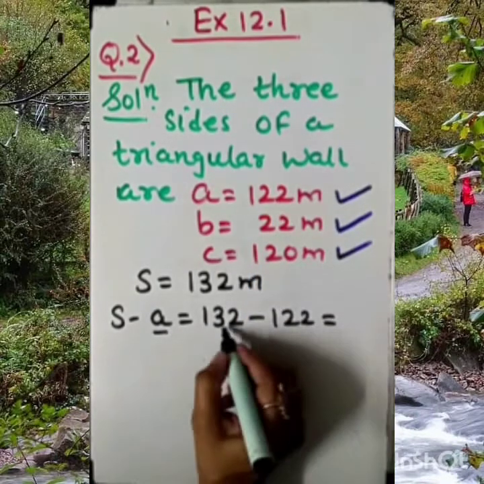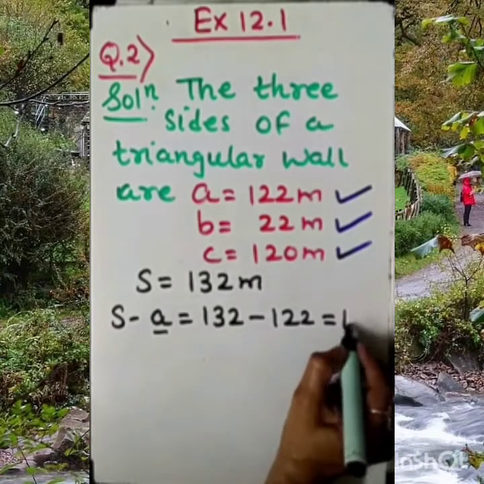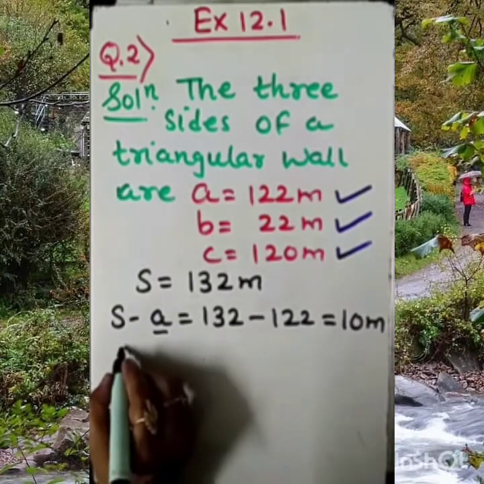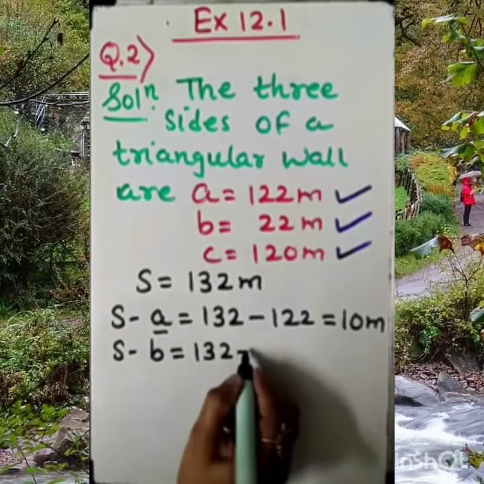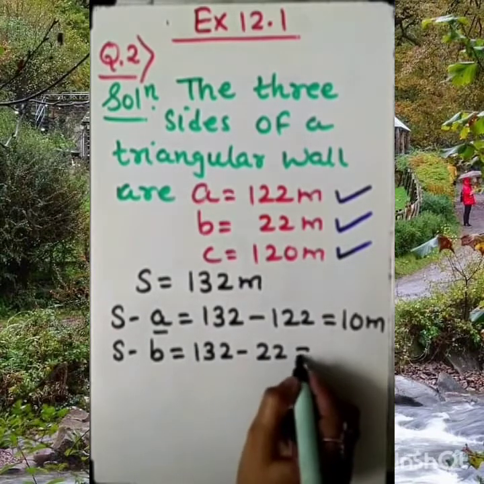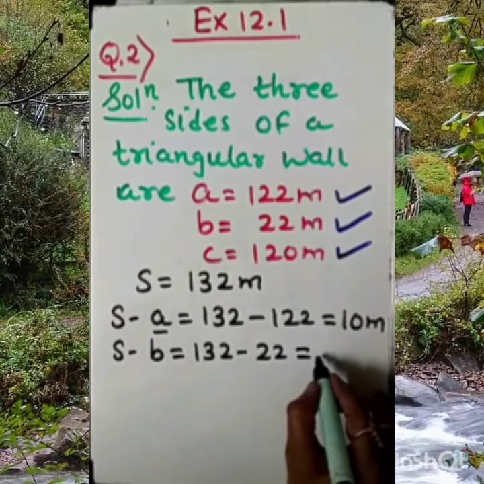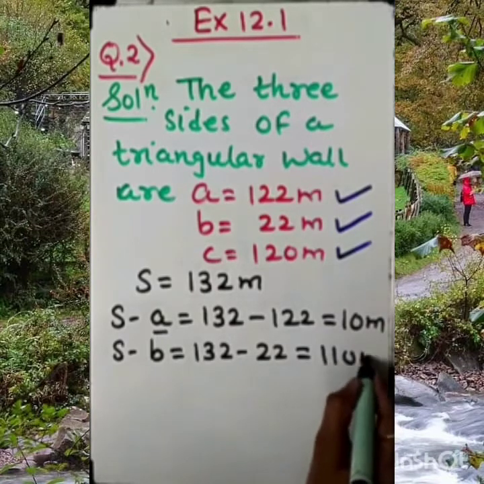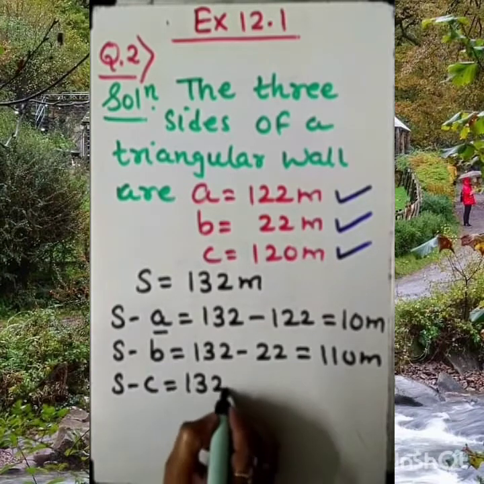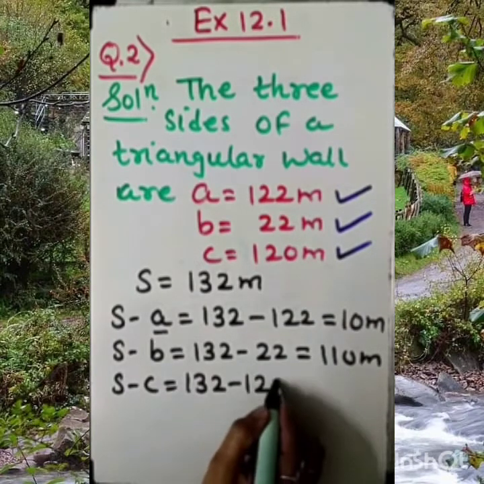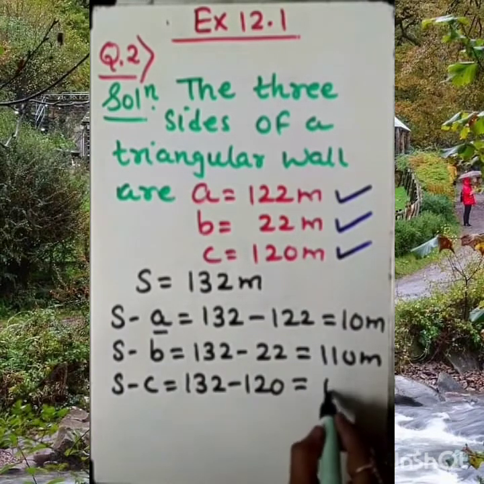So 132 minus 122 is 10 meters. Let's move to s minus b. 132 minus 22 is 110 meters. What about s minus c? 132 minus 120 is 12 meters.